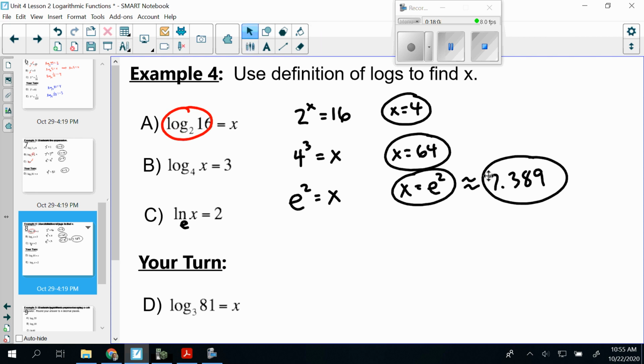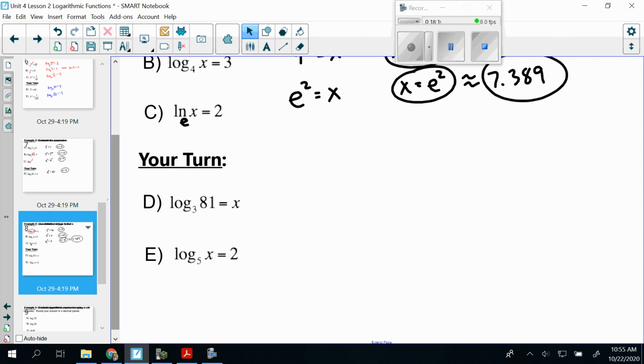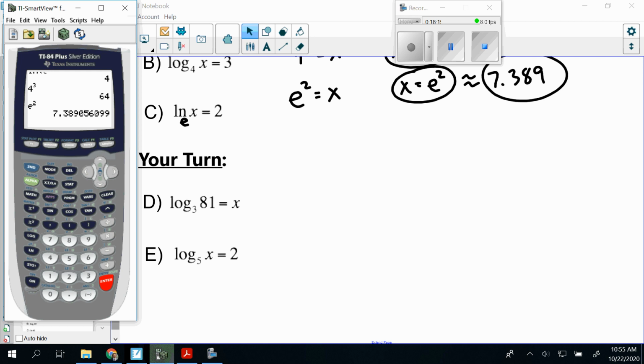So depending on what they want for an answer. All right, your turn again. See if you can try 2 of these out here. See if you can solve for both. All right, the first one, there wouldn't be anything wrong with just typing that one in because there's everything on the one side there. So if you did your calculator here, we should be able to do that one. Log base 3 of 81.